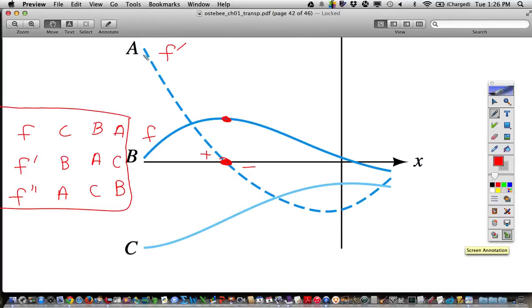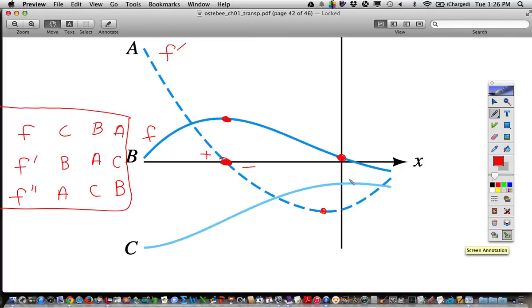Then if I keep looking at my chart, when F prime is going down until here, then this graph should have an inflection point, right? A local minimum on F prime is a switch here, which gives me a concave up, concave down switch, so an inflection point. So I really feel good about these two having an F prime relationship.